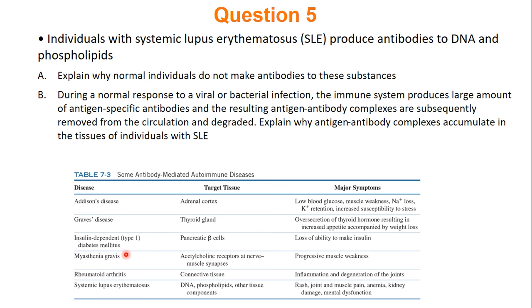All right, our last question is that we have individuals with systemic lupus erythematosus, which means they produce antibodies that can recognize DNA and phospholipids. So why normally do we not do this? Well, that's because every single organism we know of has DNA and phospholipids, and they're the same.